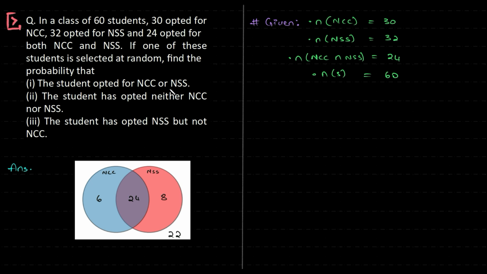Okay, so for the first question, we need to start off with the number of people in NCC or in NSS. So union. It's a simple straightforward formula, minus this would be intersection.